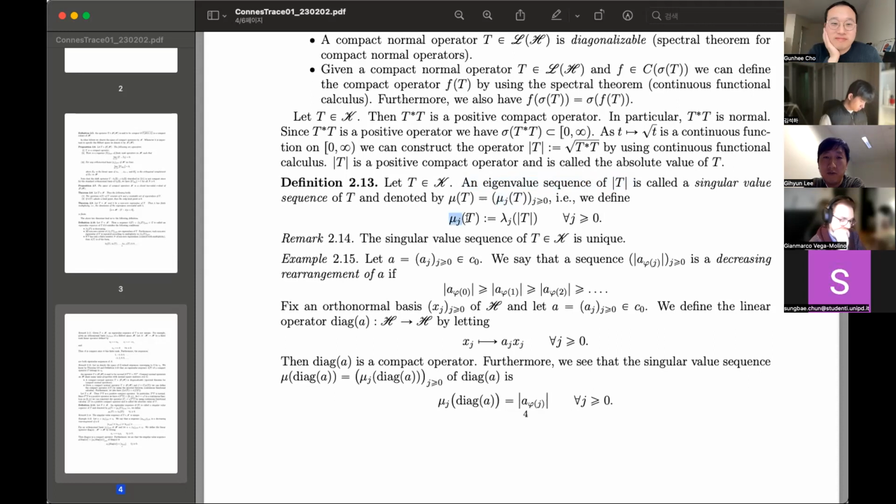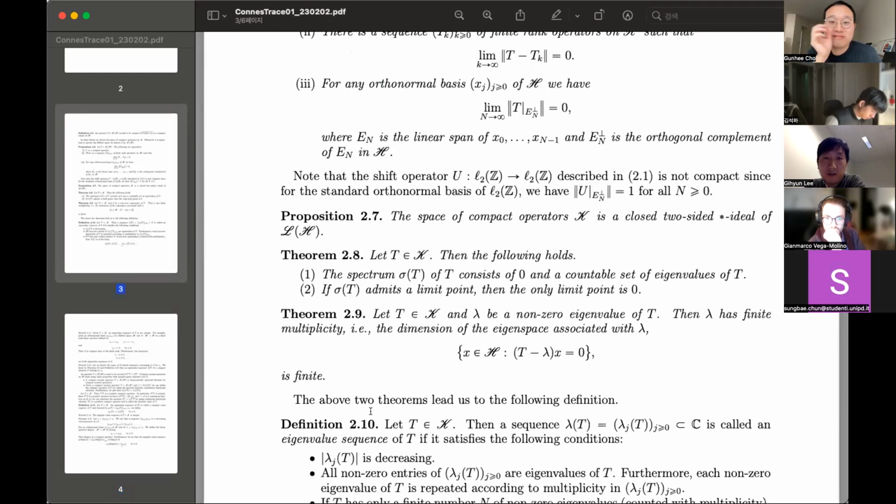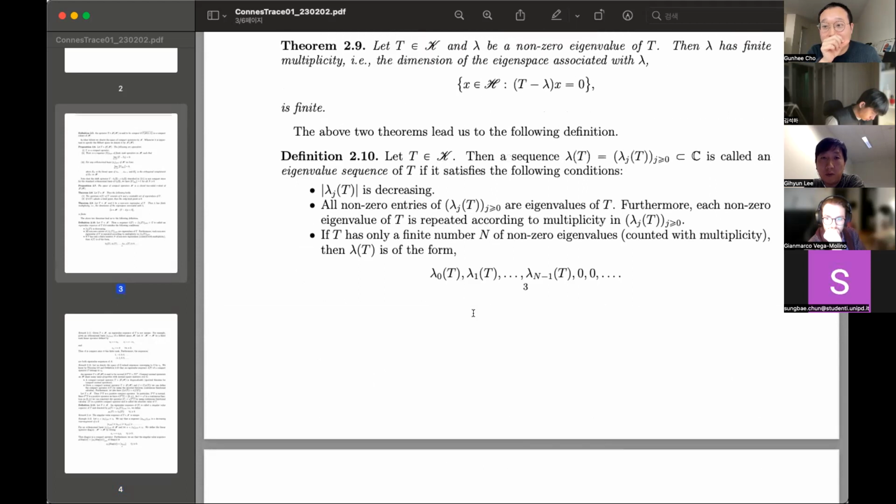In other words, the jth component of the singular value sequence of T is the jth component of the eigenvalue sequence of the absolute value of T. It makes sense to define it like this because, due to the nature of the eigenvalue sequence I mentioned above, in general an eigenvalue sequence is not unique, but in the case of a positive compact operator, all the eigenvalues are non-negative real numbers.